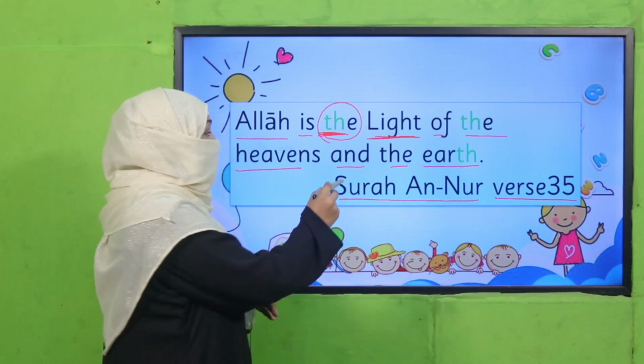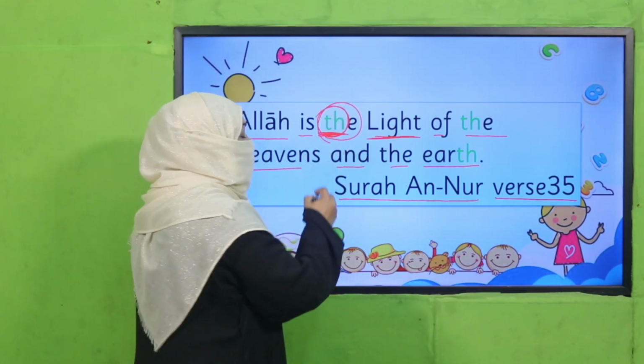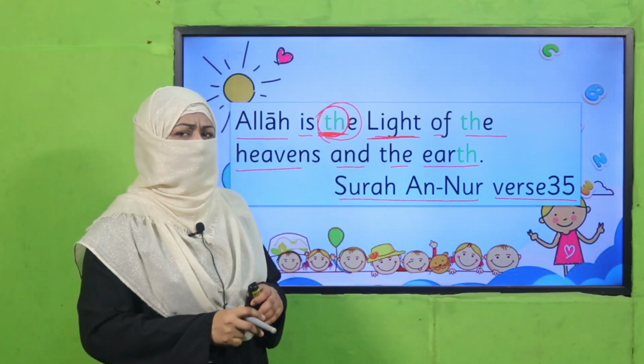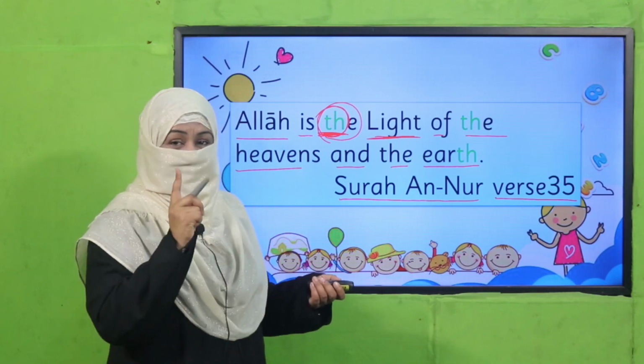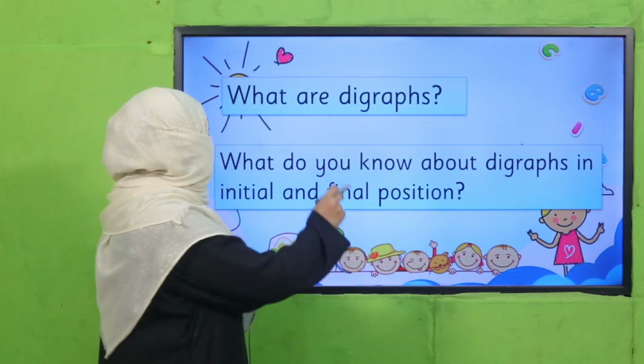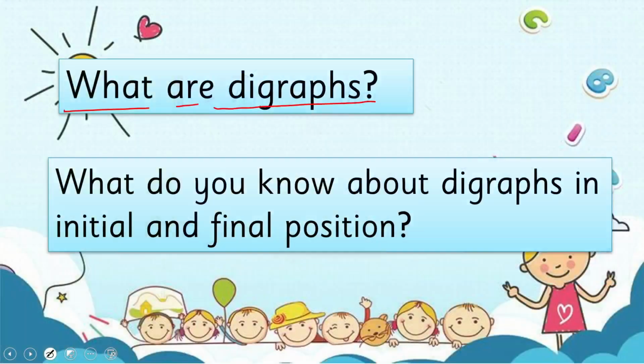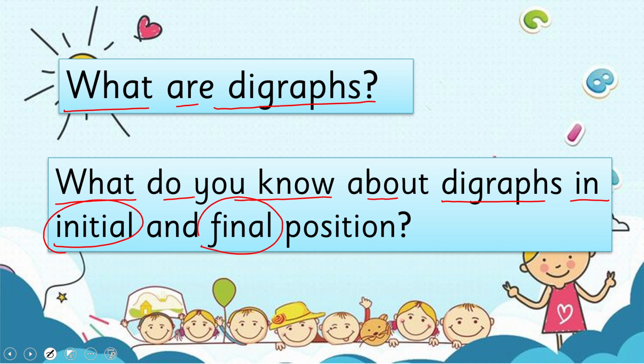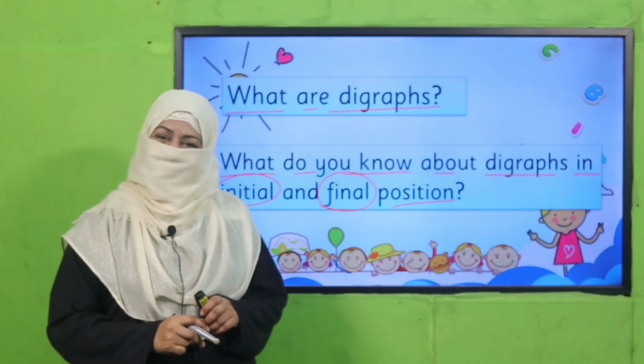So, such type of two letters, when they are joined together to make a new sound, what do we call them? Do you remember? You have learned it. So, tell your teacher, what are digraphs and what do you know about digraphs in initial and final position? Pause the video, answer these questions to your teacher and then come back.